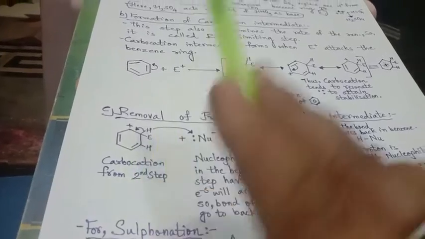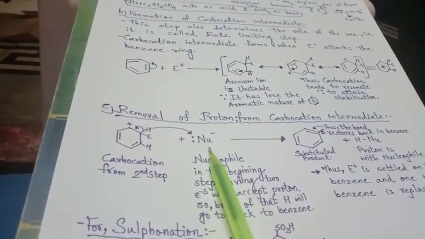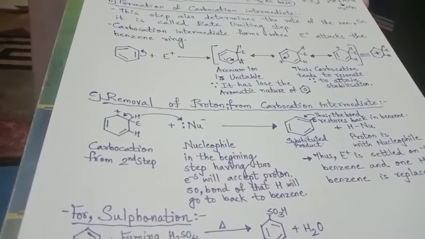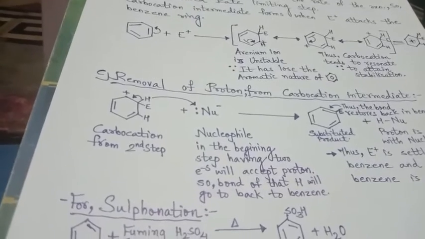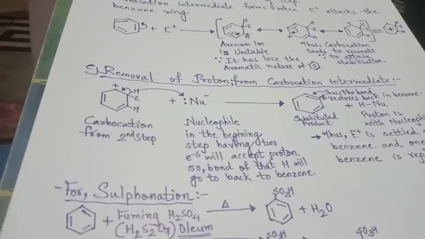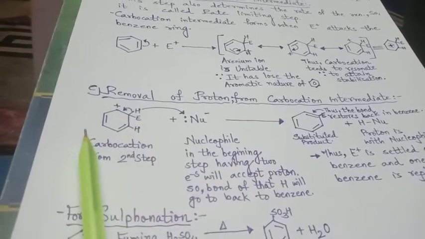Now we know that from the first step we have electrophile and nucleophile. So this nucleophile has an electron pair, that means 2 electrons. The nucleophile, which is left out in the first step, has 2 electrons which will accept the proton, right?